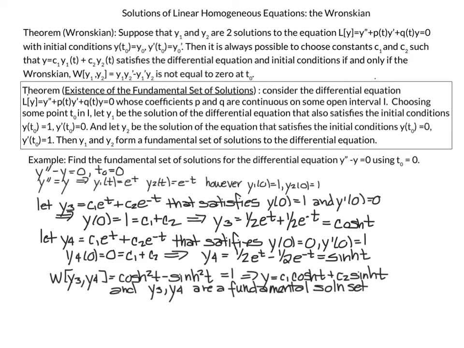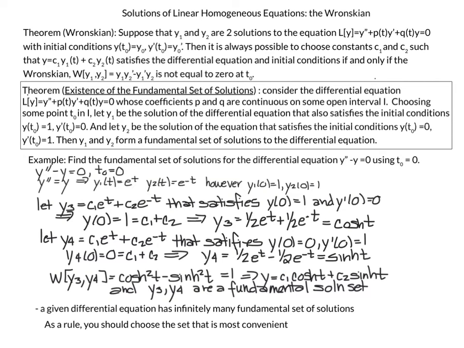So now we have two fundamental solution sets, the easy one and the other one that took a little more work to get to. Honestly, if you have this fundamental solution set, I wouldn't go searching for a second one. But the point of this example is that there was another one that fit this theorem.